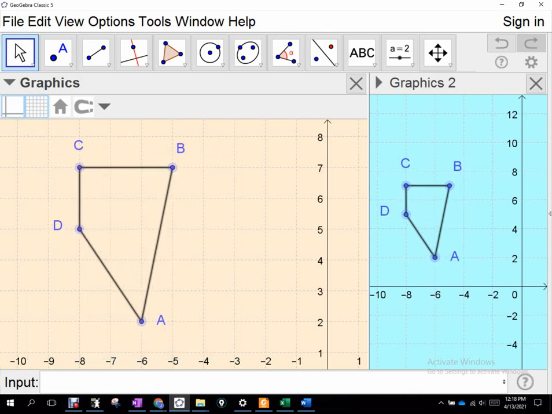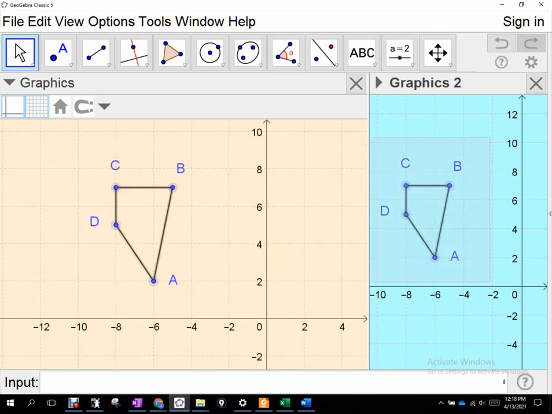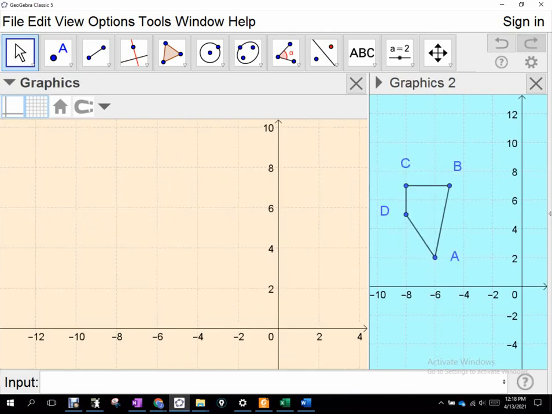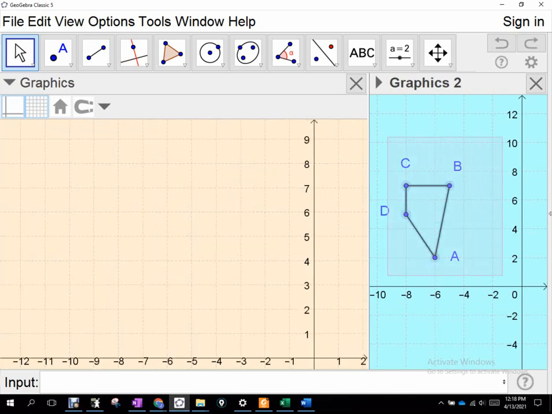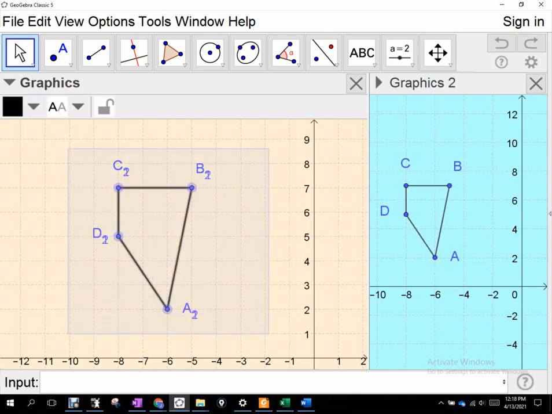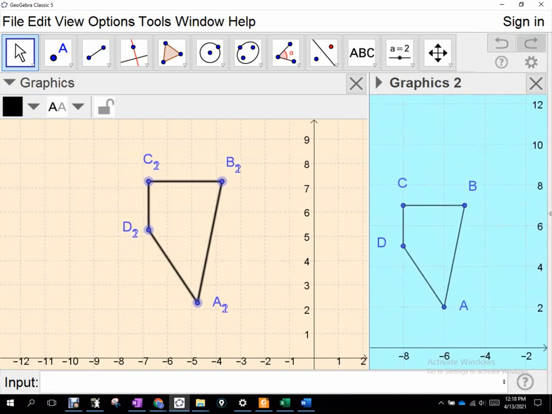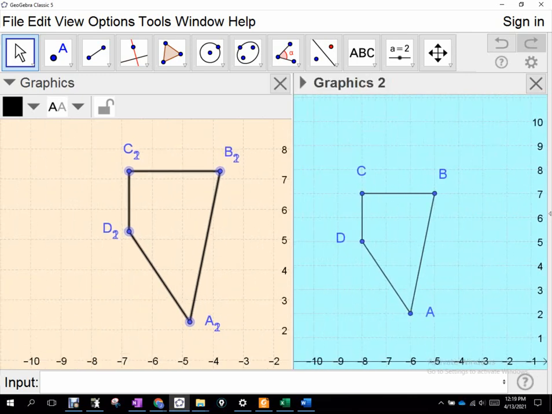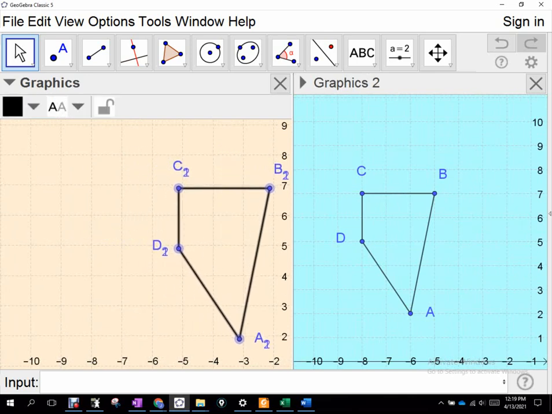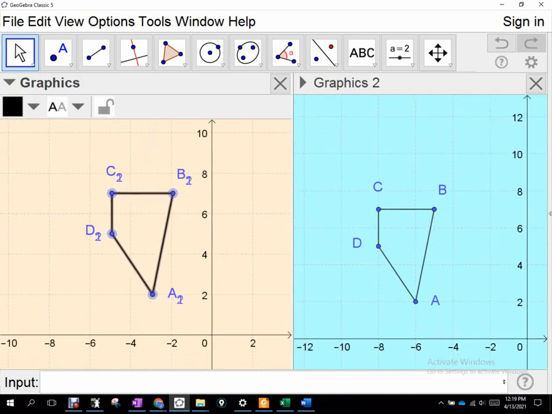That's what I was afraid wasn't going to happen. Control C, Control V. All right, so right now, they're the same thing.